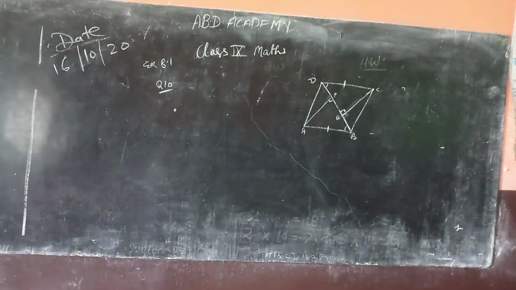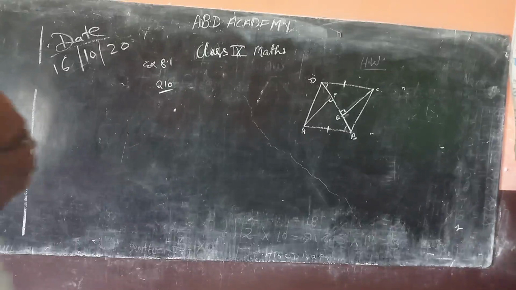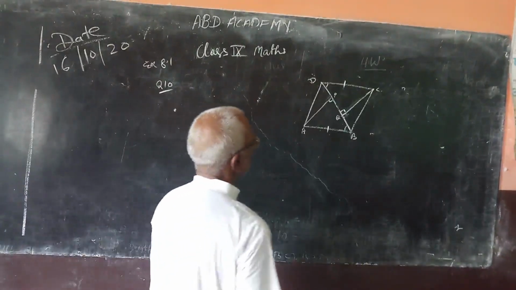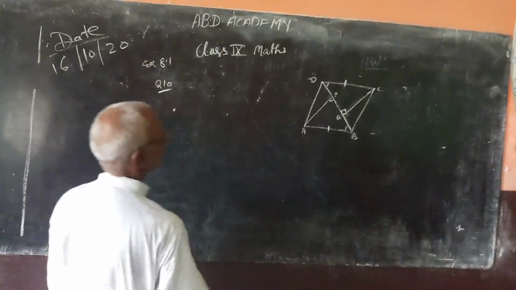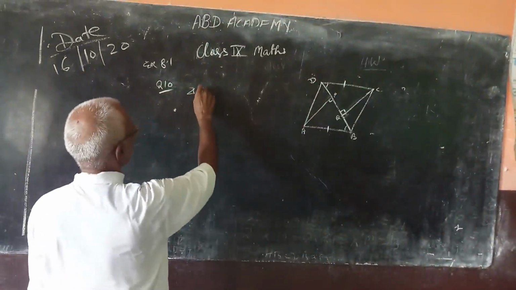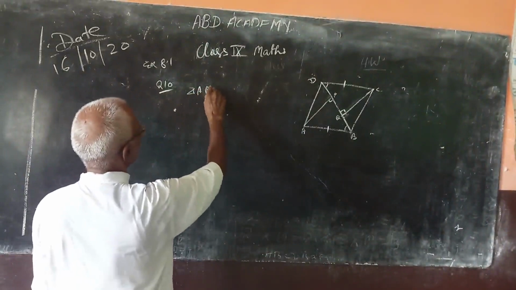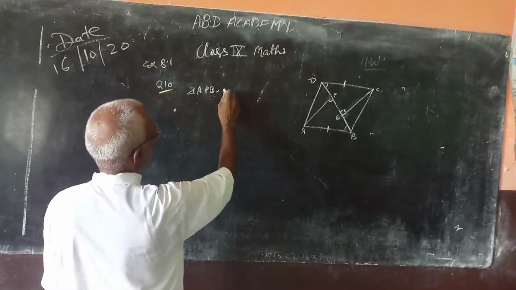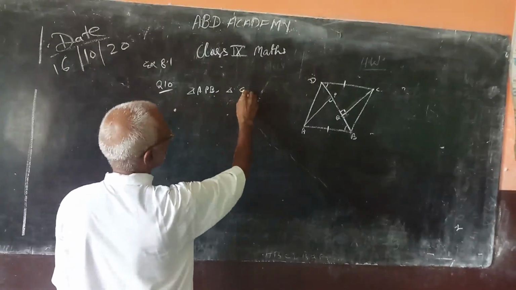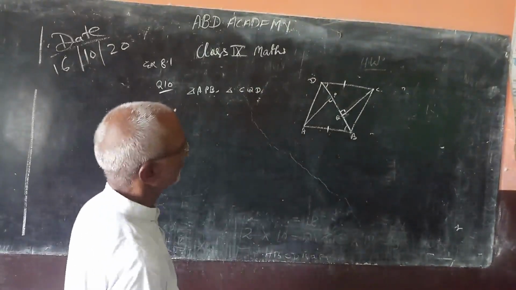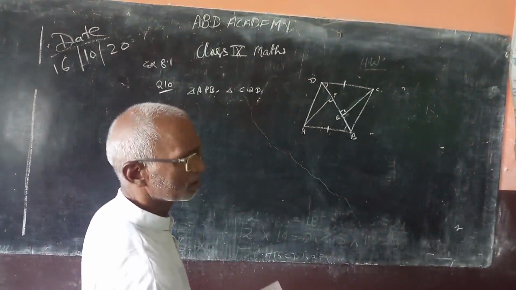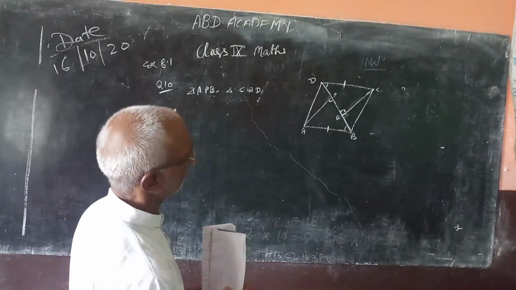The figure I have drawn there. And I told you the three parts of two triangles. One is triangle APB and the other is triangle CQD. In these two triangles, I told AB is equal to DC because opposite sides of a parallelogram are equal.